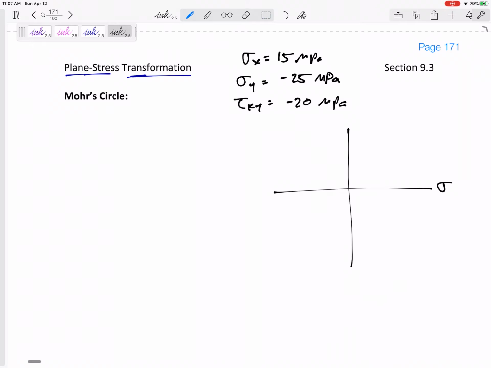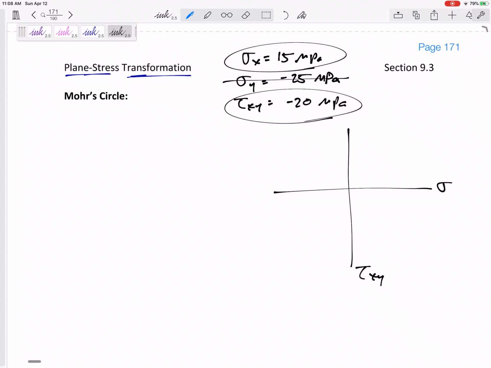So what if I plotted normal stress versus shear stress? What if I plotted 15 comma negative 20? Right now we're going to stick with just looking at my x normal stress versus my shear stress.